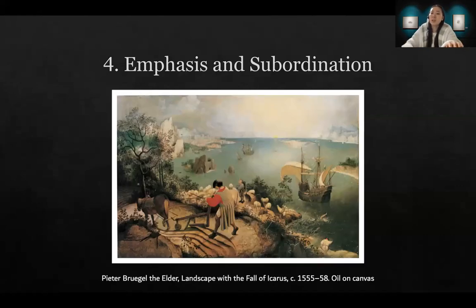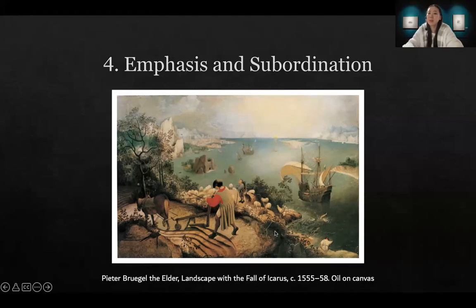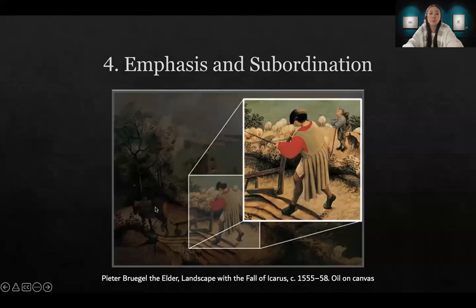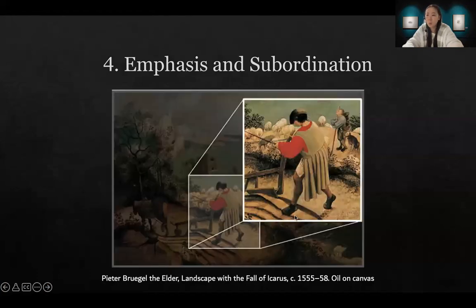Everyone, let's look at this first example. Which part is the emphasis portion in this work of art? The farmer. Would it be the mountains in the back? Yeah, the front part, yes. So this part is the focal point. Sorry, this whole part is the emphasis, and this guy is the focal point.